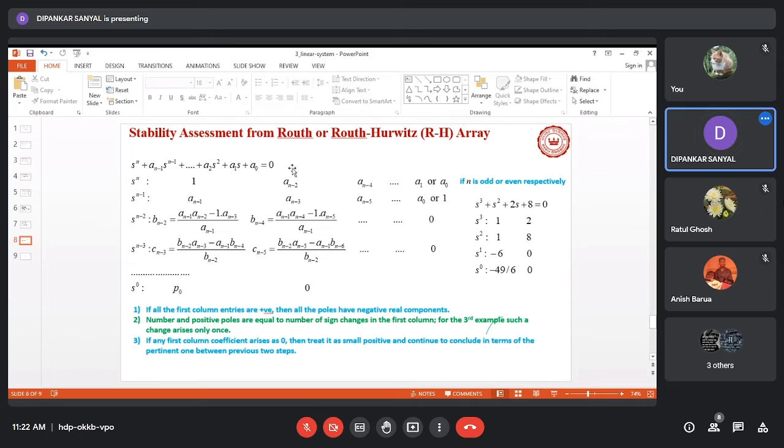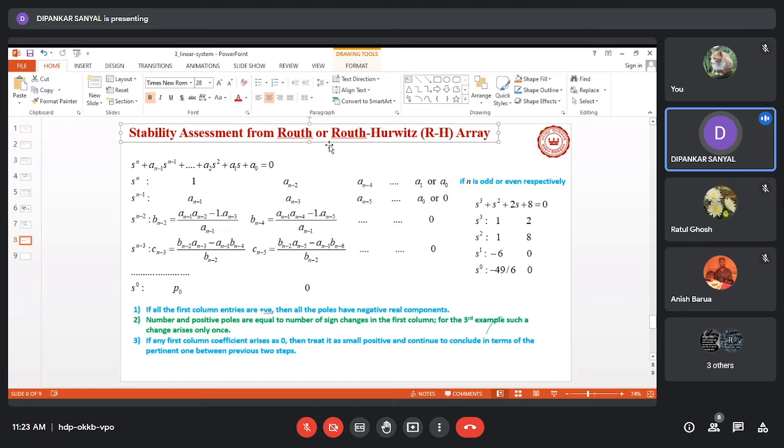When we stop in the first line at a1, then in the second line we won't be having... So if the coefficient of the first line stops at a0, then the coefficient of the second line stops at 0.